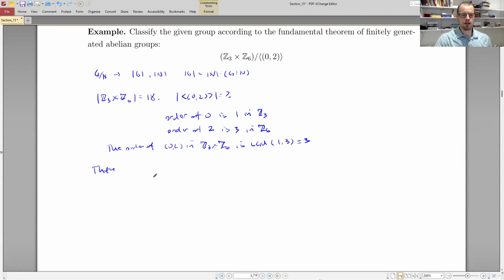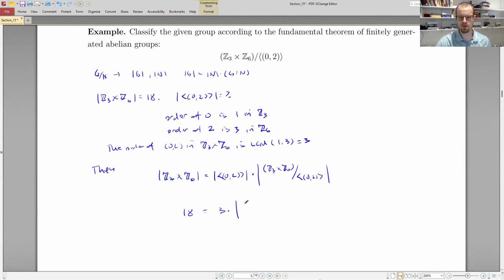So then we can say that the order of Z3 direct product with Z6 is equal to the order of this subgroup generated by (0, 2), times the order of the quotient group that we're interested in, Z3 cross Z6 quotient by what's generated by (0, 2). And I know these two numbers here. I know this is 18. I know this is 3.